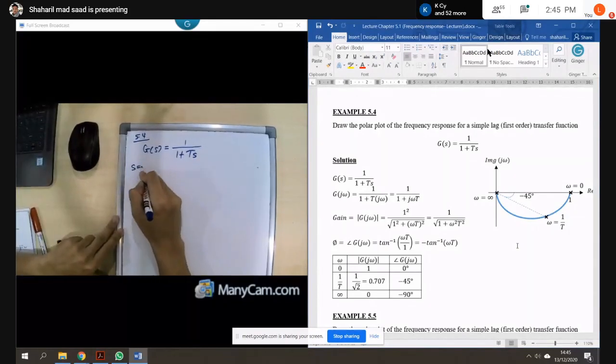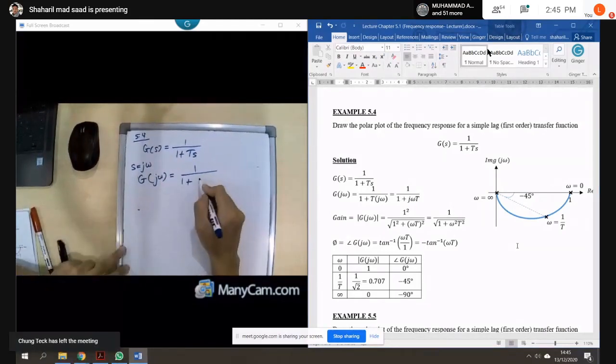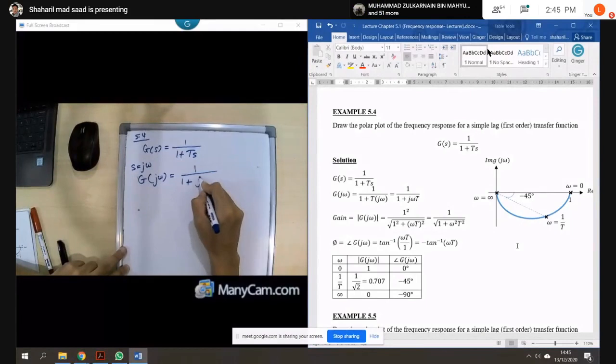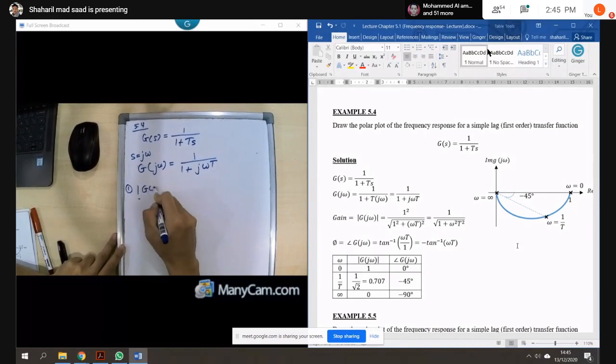What you can do is you just replace s equal to j omega, and then this one you get 1 over 1 plus j omega T. Okay, the same. First step, find the gain.